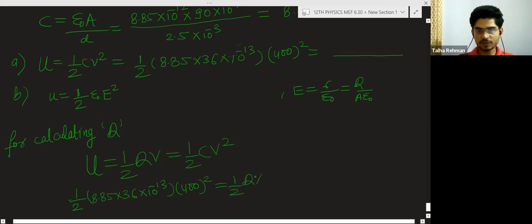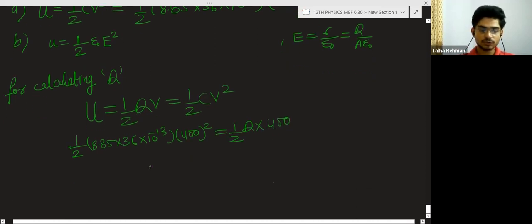Half Q, and what is V? V is 400. So when you calculate Q, Q will come out to be 8.85 into 72 into 10 to the power minus 13 coulomb.